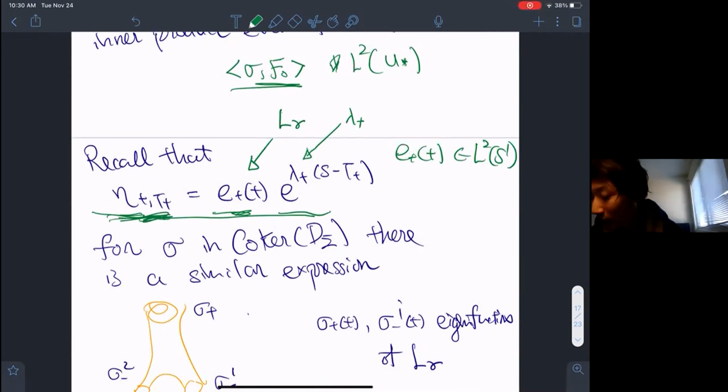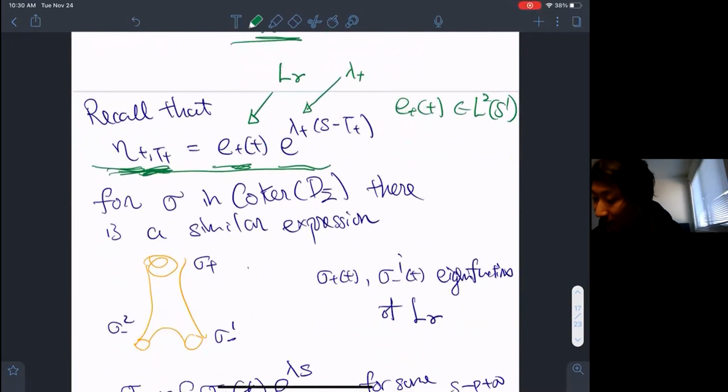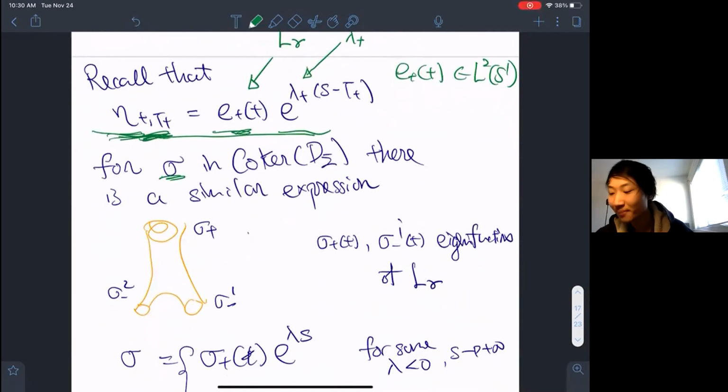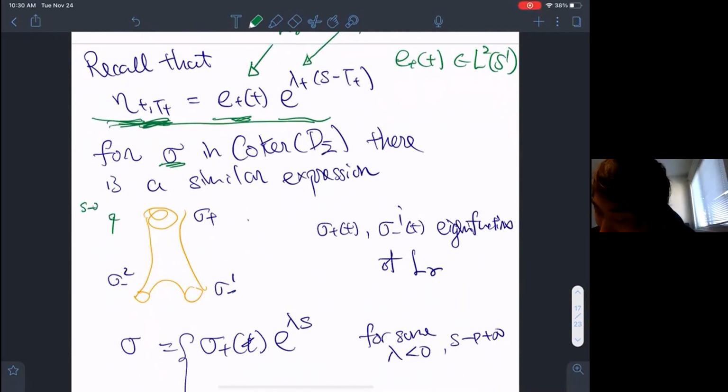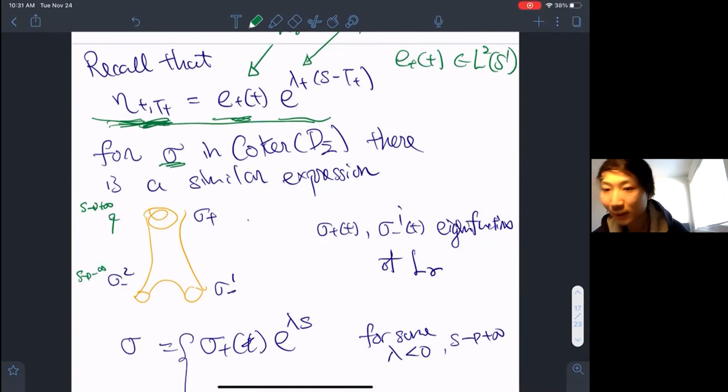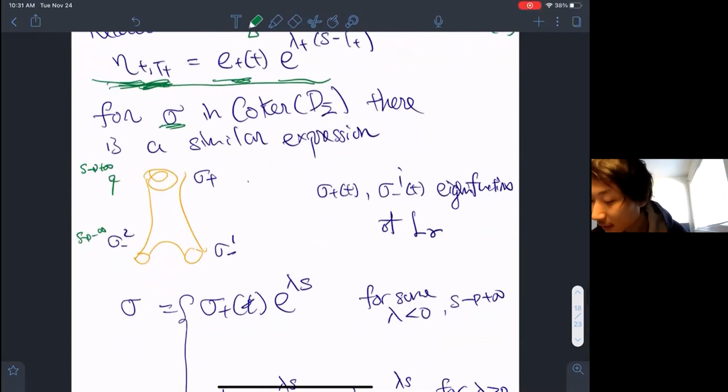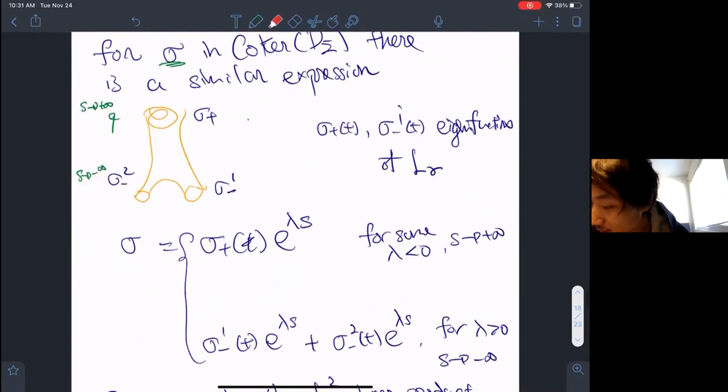There is also a kind of normal form formula for sigma. So let's think about where sigma lives. It lives over this pair of pants. So it has three asymptotic ends: this end as s goes to plus infinity, and these two ends as s goes to minus infinity. And we can also write down an asymptotic formula for sigma, and it looks like this.